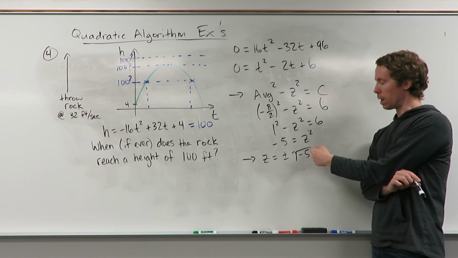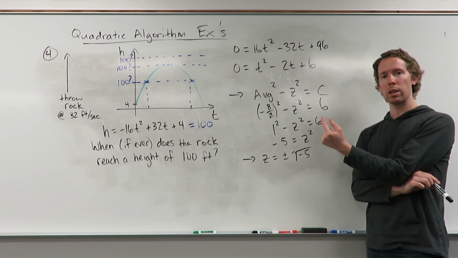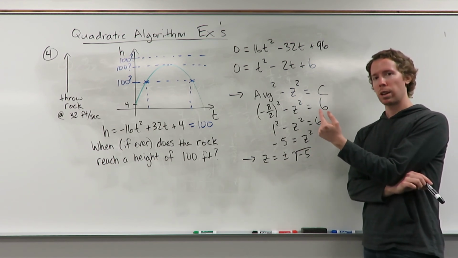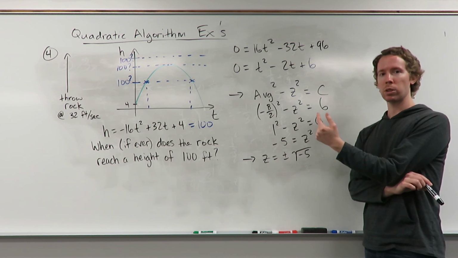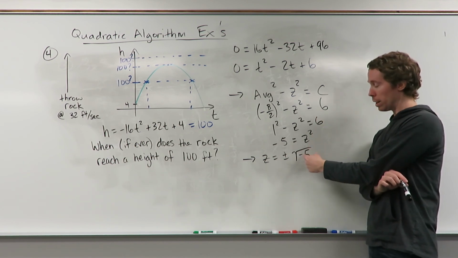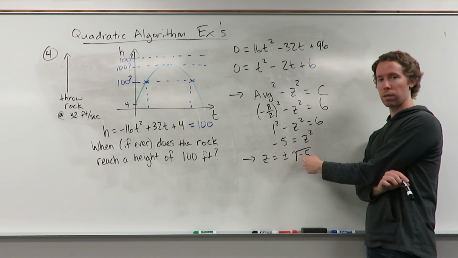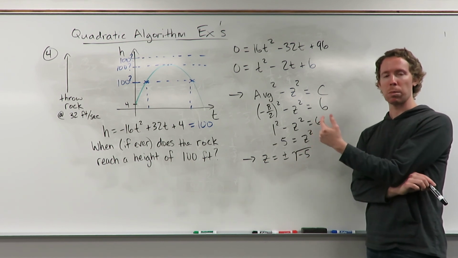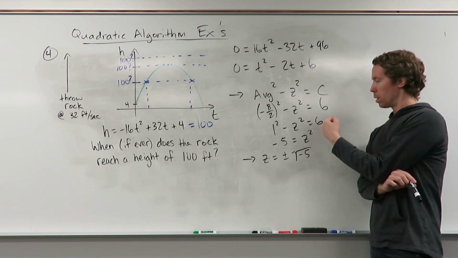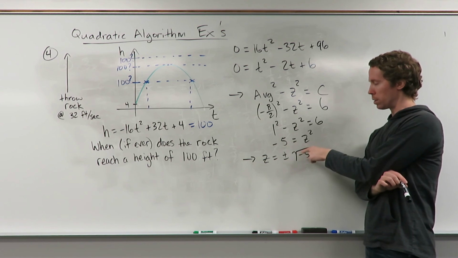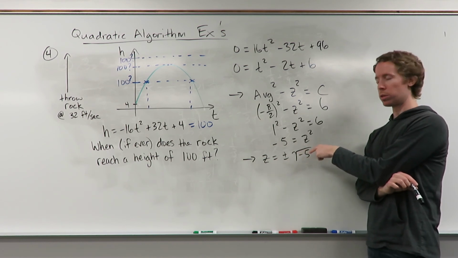The problem is that if you hand me a positive number and I square it, I get back a positive number. And if you hand me a negative number and I square it, I get back a positive number. So I can't get a negative by multiplying something by itself. So we'll say that this means there's no real solution.